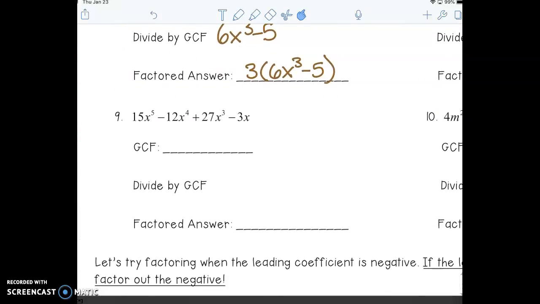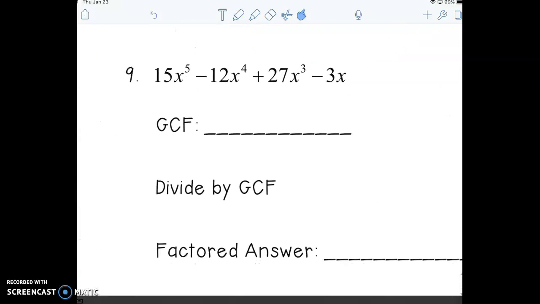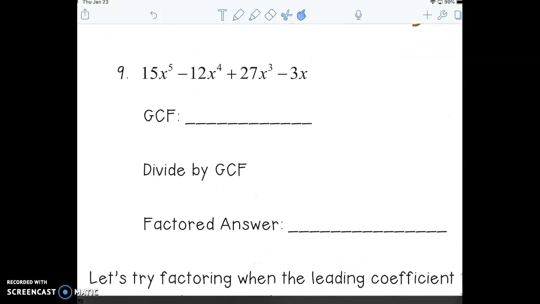Probably one more on this video. Let's see if it lets me keep going. I logged in, so it should. Okay. This and that and that and that. 15, 12, 27, 3. I'm going to try 3. 3 goes into 3. 3 goes into 27. 3 goes into 12. 3 goes into 15.